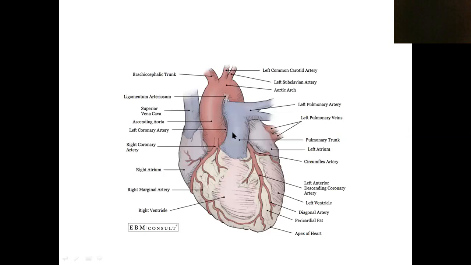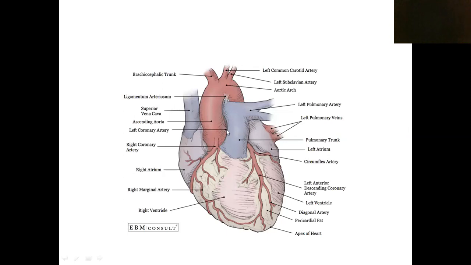And from there, this artery runs forward between this pulmonary trunk and this left auricle. Sorry, left auricle. This is the left atrium, and the extension of the left atrium is known as the left auricle. So that's why we can't see that artery there. It is overlapped by this pulmonary trunk.